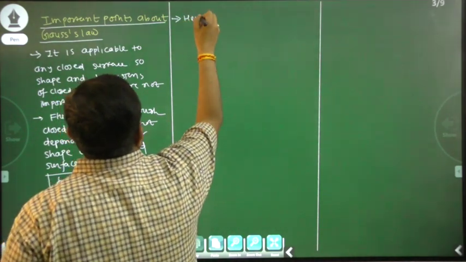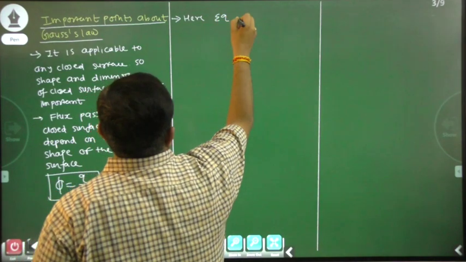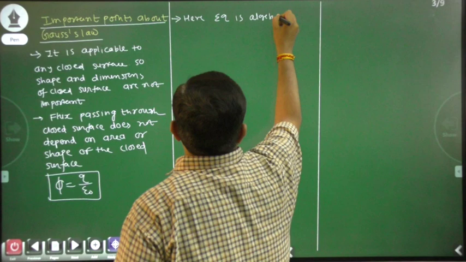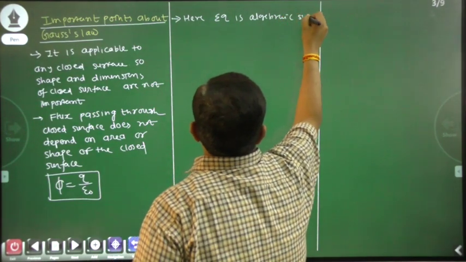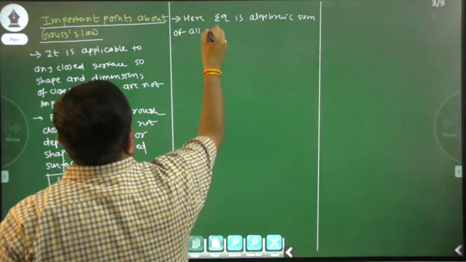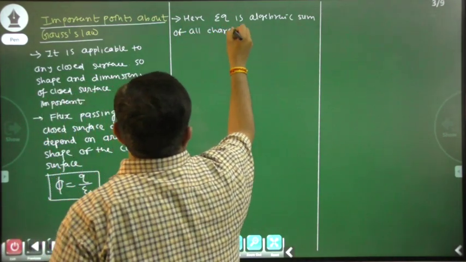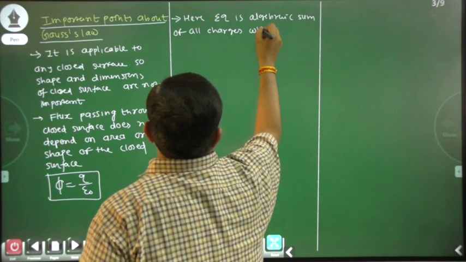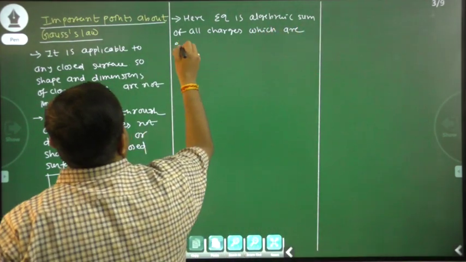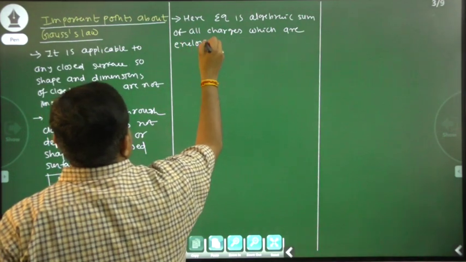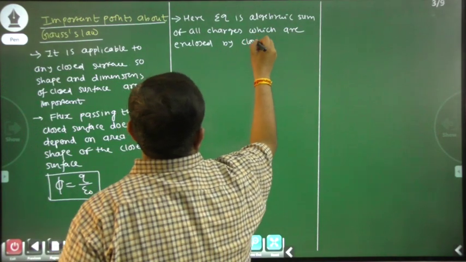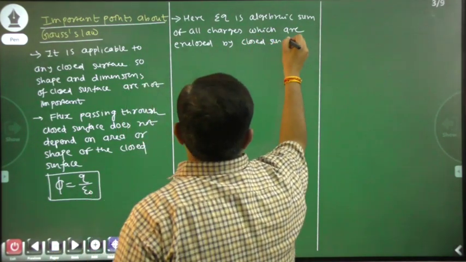Here summation q is the algebraic sum of all charges which are enclosed by the closed surface.